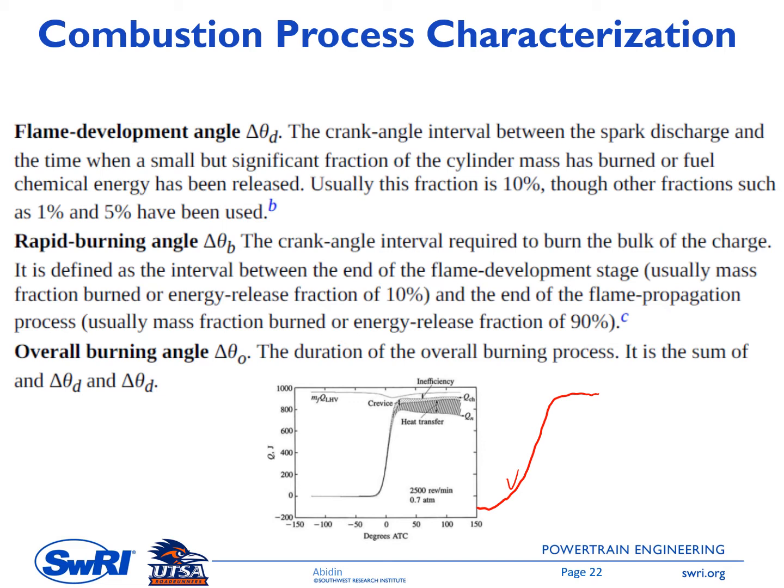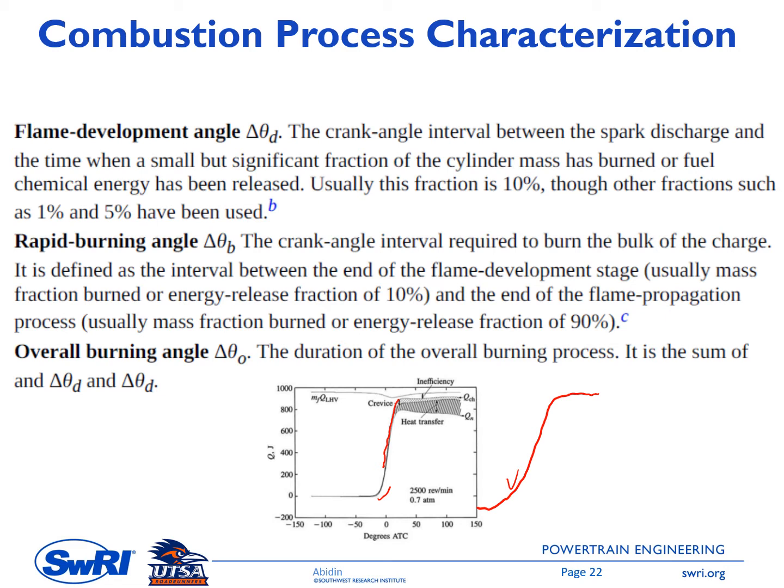It shows a slow release, and then it reaches a maximum rate at about halfway through the burning process, somewhere here, and then it decreases close to zero as the combustion process ends.